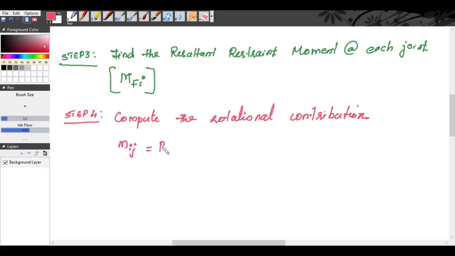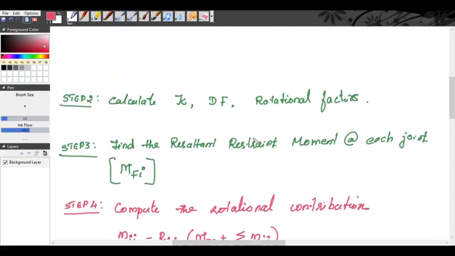Mij will be equal to Rij into (MFi plus summation of M'ji). After finding this, by using the Gauss-Seidel iteration equation, you have to iterate some 5 or 6 iterations until you get closer results, and these values you have to write.